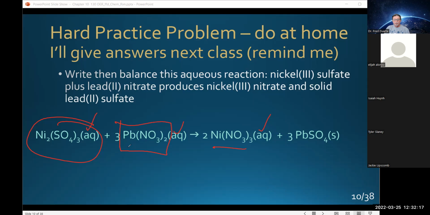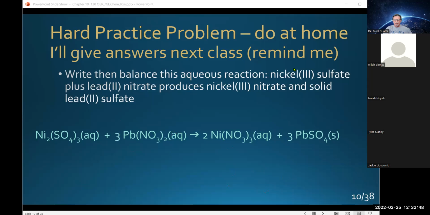We look at the other partnership, which is lead 2 sulfate. Guess what? Based on the solubility rules, it is insoluble. And so we get a positive reaction, okay? This is a positive reaction, RXN for short, because one of the products was insoluble based on the solubility rules.